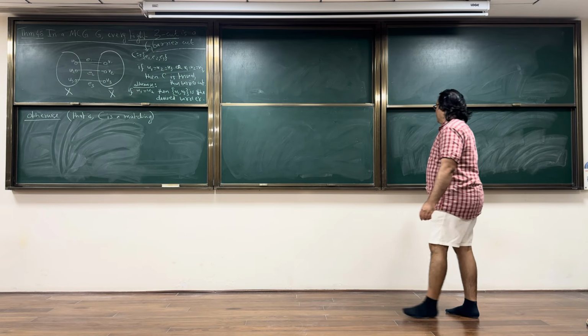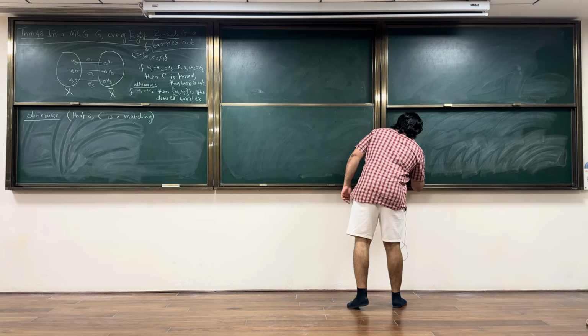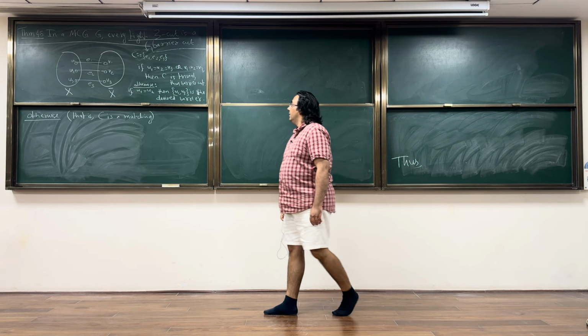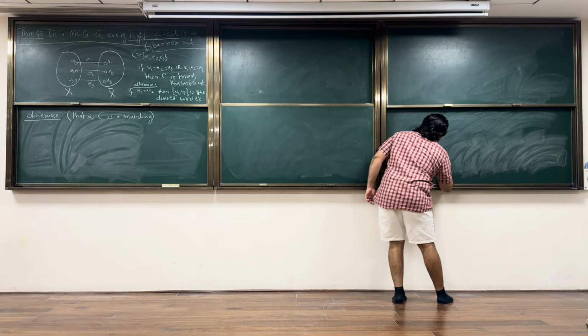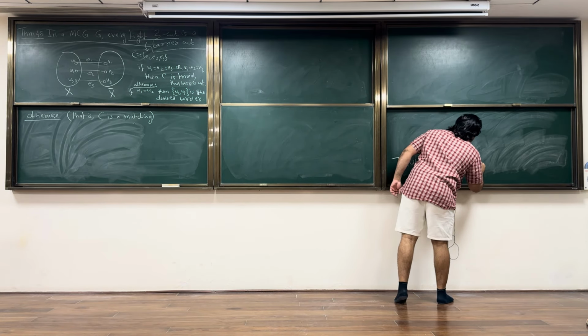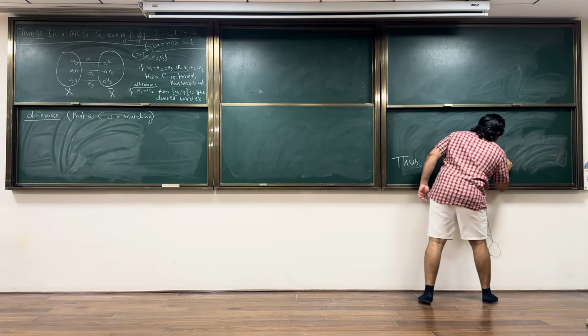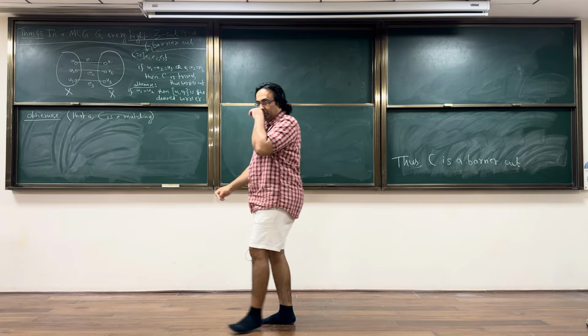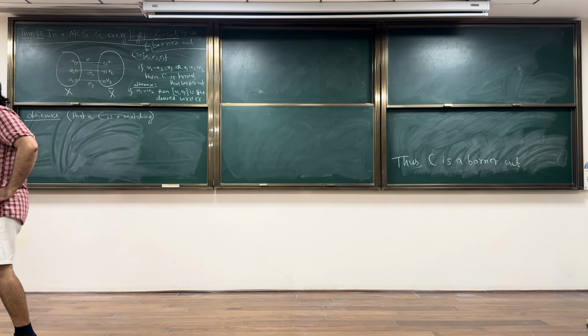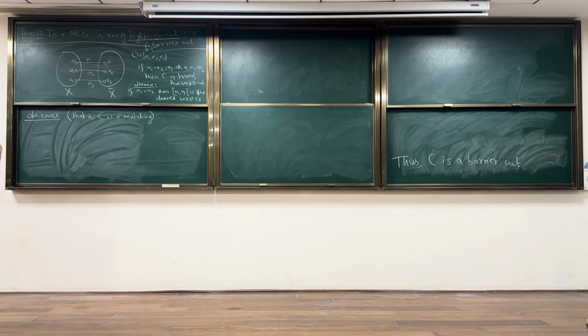The goal is to conclude C is a barrier cut. This is my last statement of my proof. This is it. Okay, so let's assume it is true.